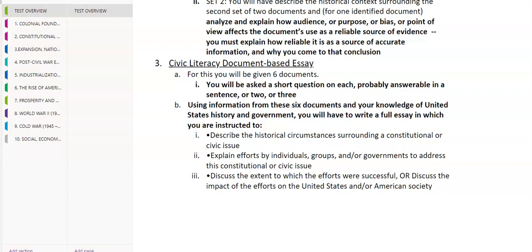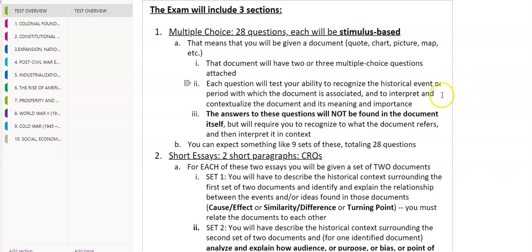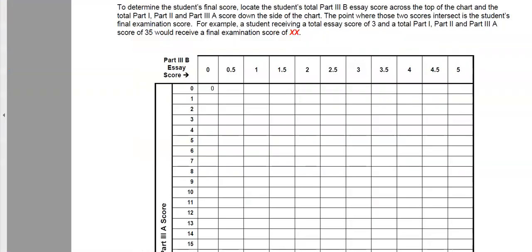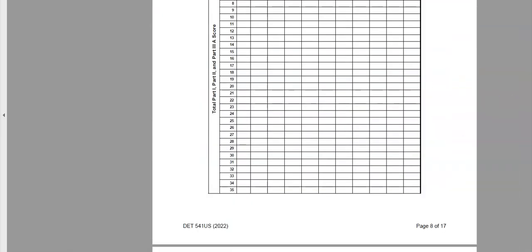Now, I will just point out to you the scoring, the grading on this exam is not exactly a simple, straightforward system. These questions here are going to be worth a point apiece, and let me show you how the grading on this will work. Okay, so you're going to have 28 multiple choice questions. So I'm showing you a chart here that will show you how this goes.